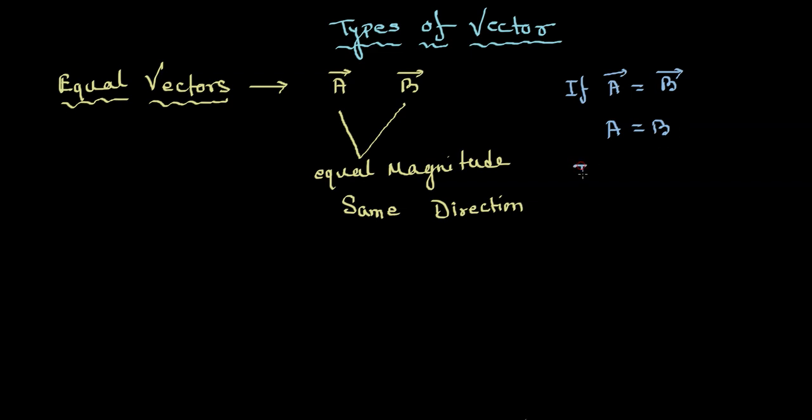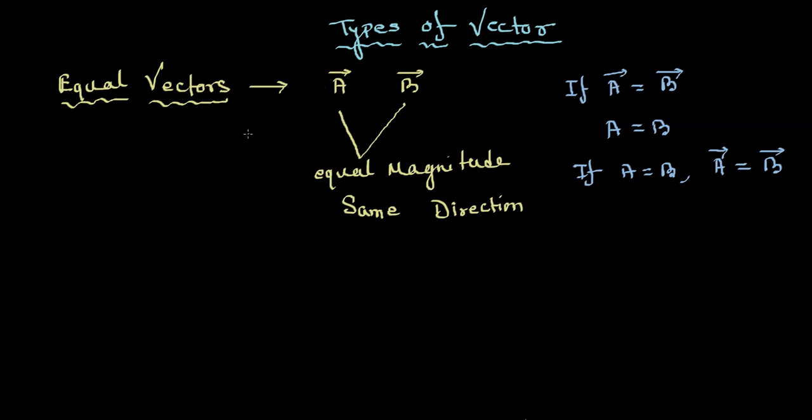But if A is equal to B, it does not imply that A vector is equal to B vector. That is an important concept, you just need to remember these things. Geometrically we can also prove it, but we are not going into the depth of the topic right now, otherwise you will get bored learning physics.